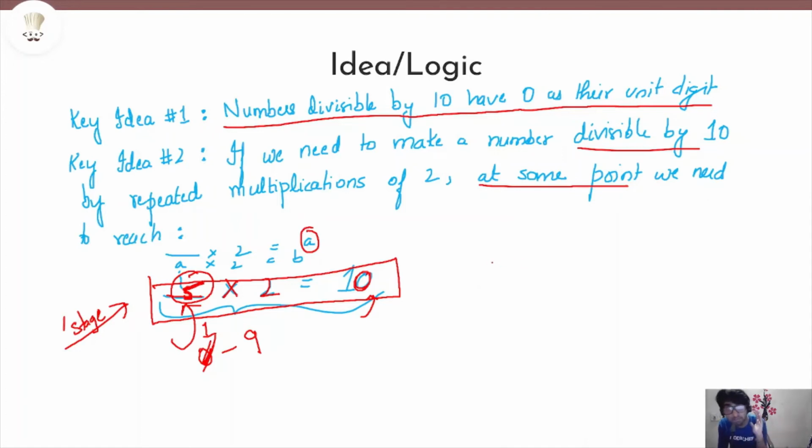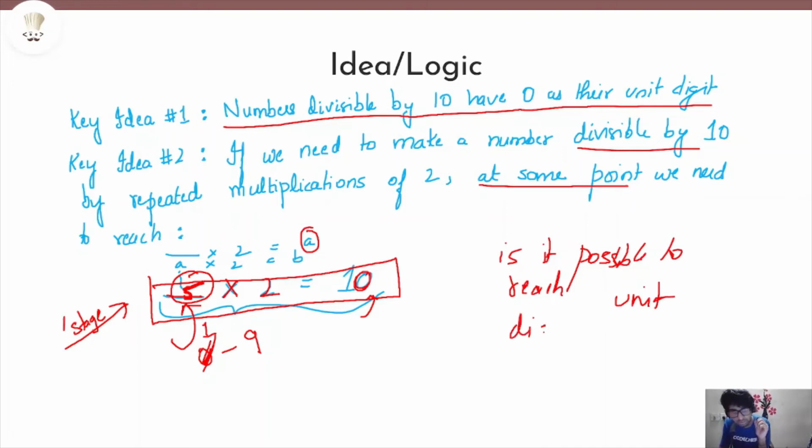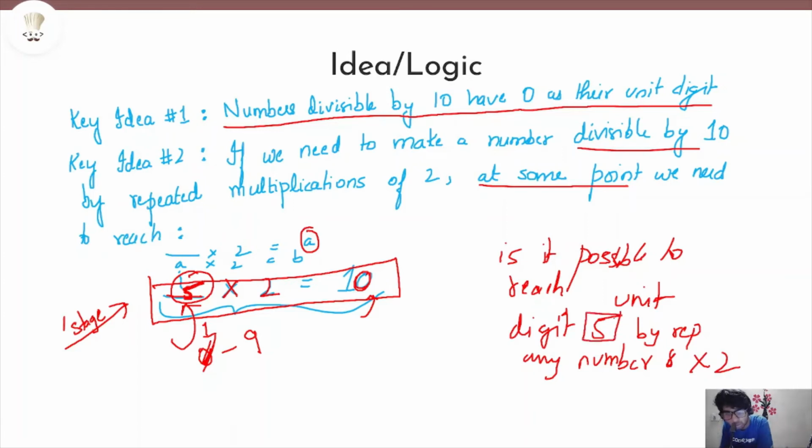Or is it even possible to reach the units digit 5 by repeatedly multiplying any number by 2? So think about this. If we repeatedly multiply any number by 2 again and again and again, is it possible to land up with the units digit 5?